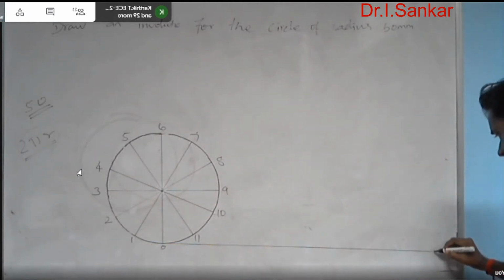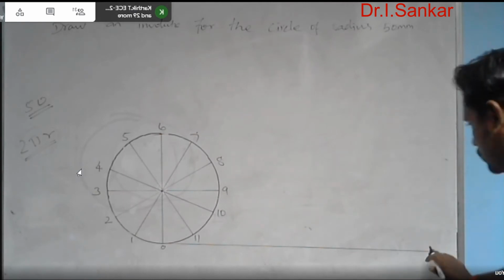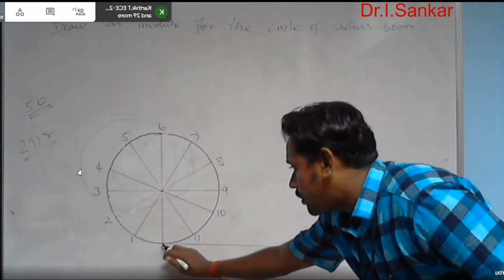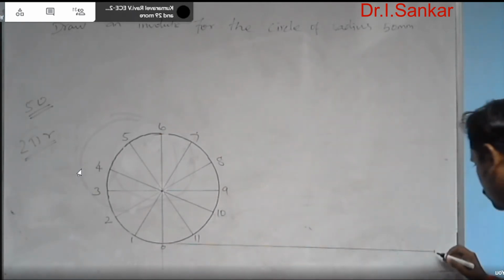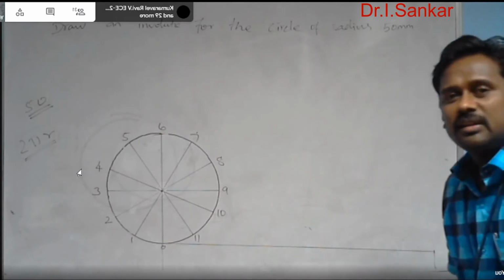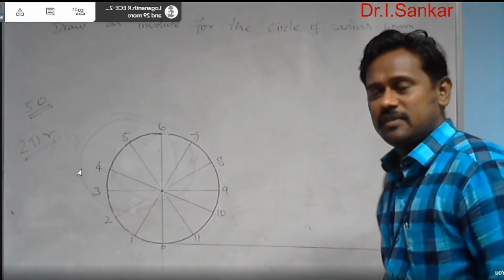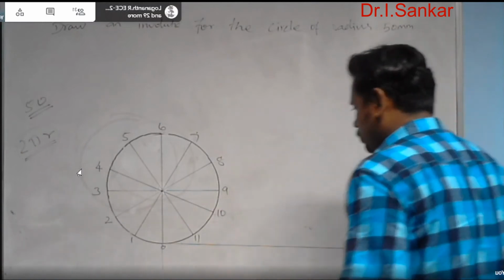Maybe this length approximately. Okay, so the length of this horizontal line from 0 up to this point is nothing but the circumference of the circle, 2 pi r.